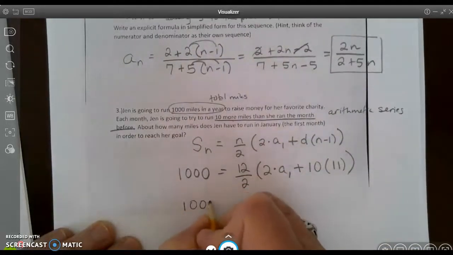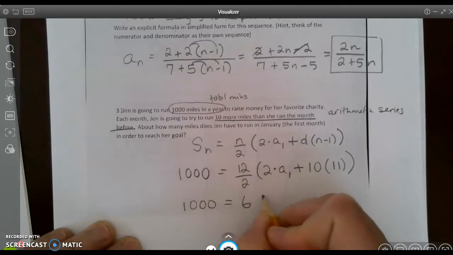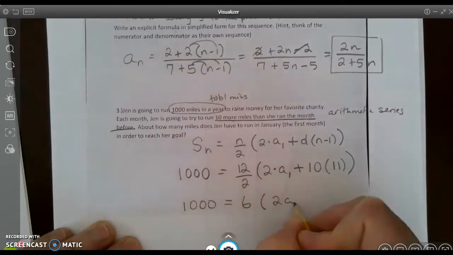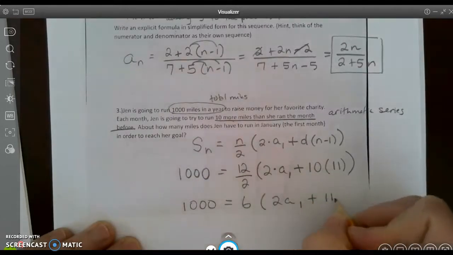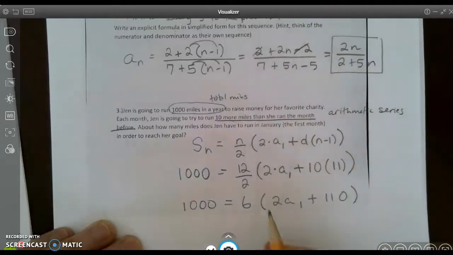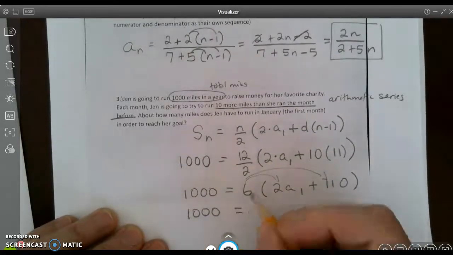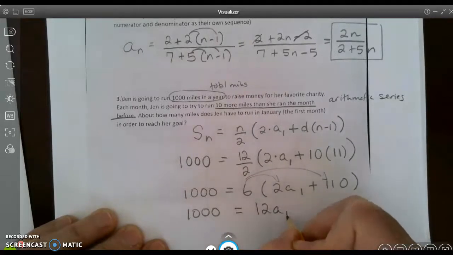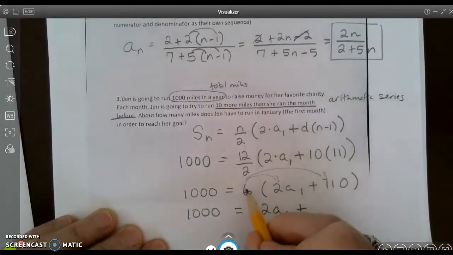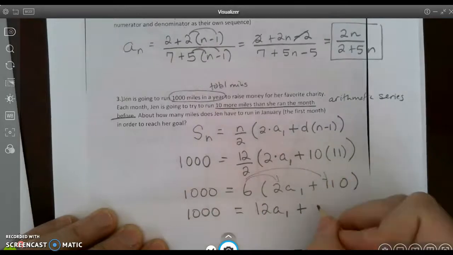So I have 1,000 equals 6 times 2 a sub 1 plus 110. I'm going to distribute that 6. And I get 1,000 equals 12 a sub 1 plus, if I take 6 times 110, I get 660.